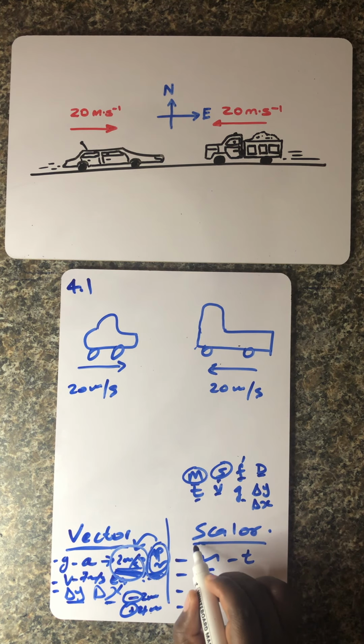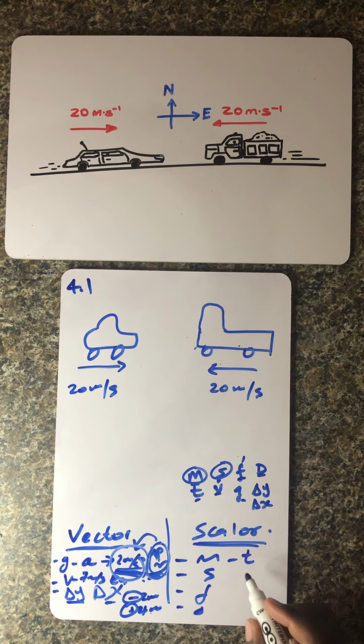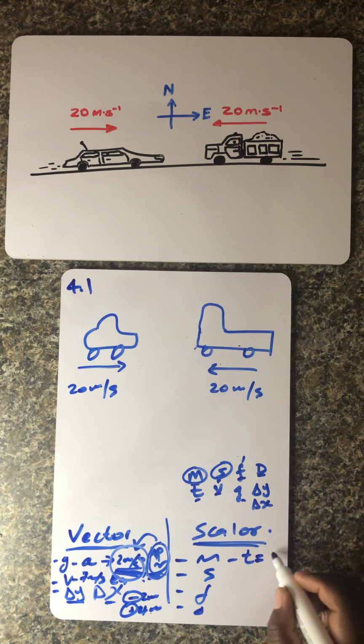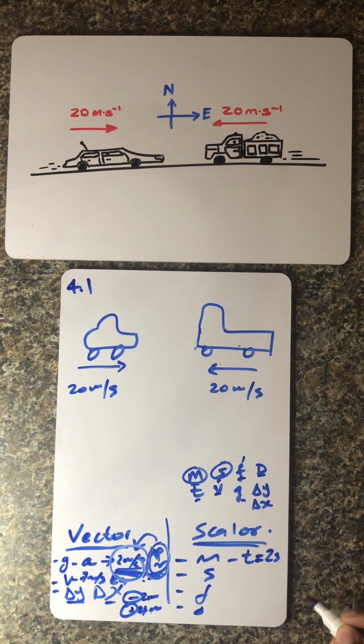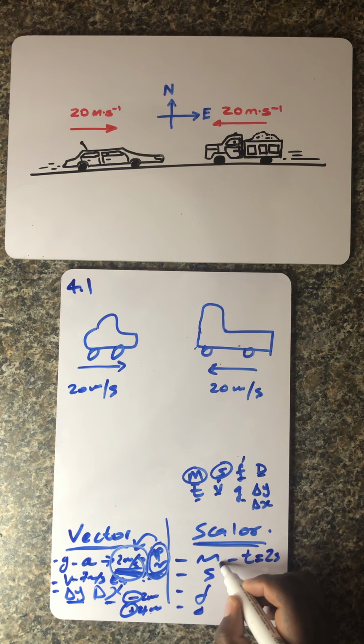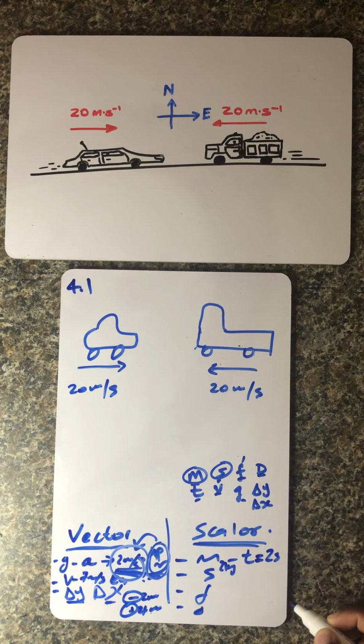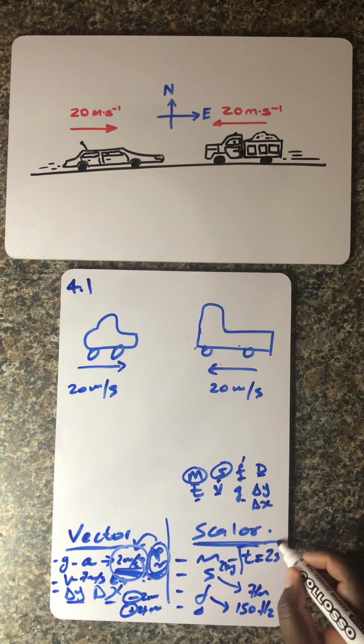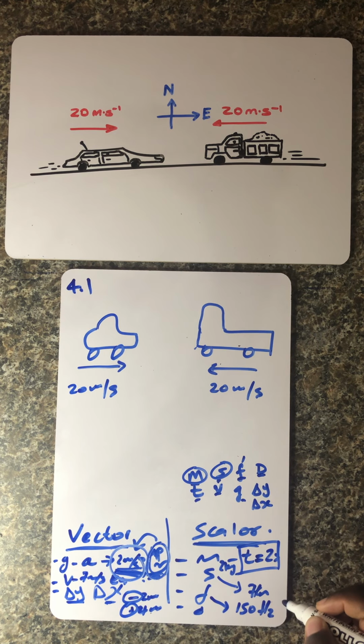So when it comes to scalar quantities, it's just a time which is known to be 2 seconds or whatever. It's the mass, which could be 2 kg or 2 grams, whatever. You've got the distance, which is just 7 meters or kilometers. You've got a frequency, which could be 150 hertz or whatever that it is. So in short, ladies and gentlemen, when it comes to time, you will never have 2 seconds to the left.